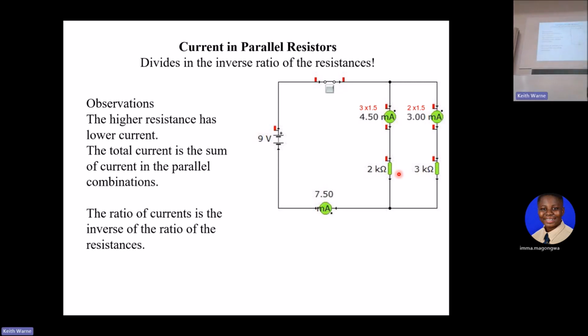So that's our observations. The biggest resistance has the smallest current. The 2 currents add up to the total current, and the current divides in the inverse ratio of the resistances.